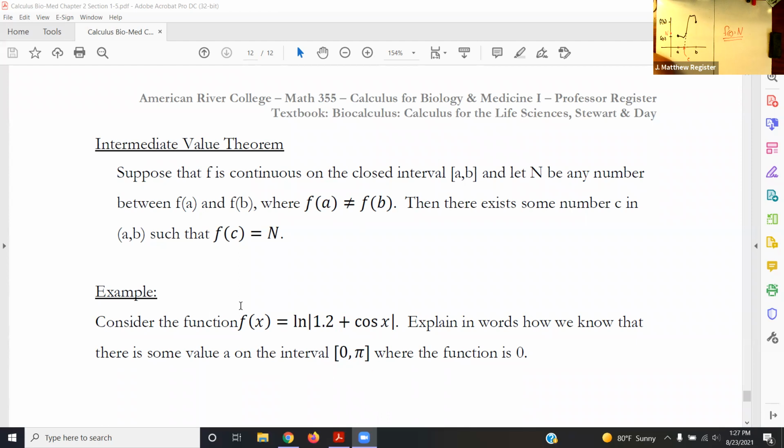Since we're going from a value which is greater than 0 to a value which is less than 0, we can see that the function has to cross at some point, because this is a continuous function. It's a composition of continuous functions. And so since it's continuous and it goes from above to below 0, we get that the intermediate value theorem says that it must at some point attain that value.